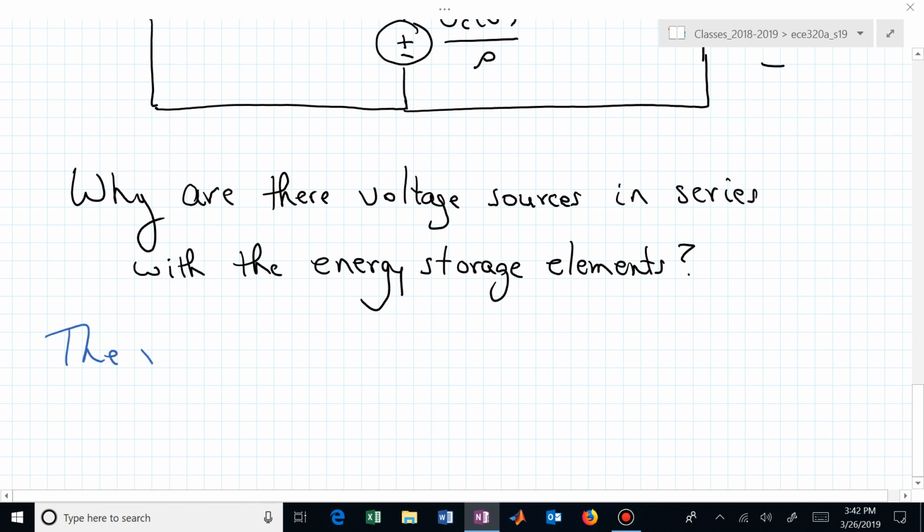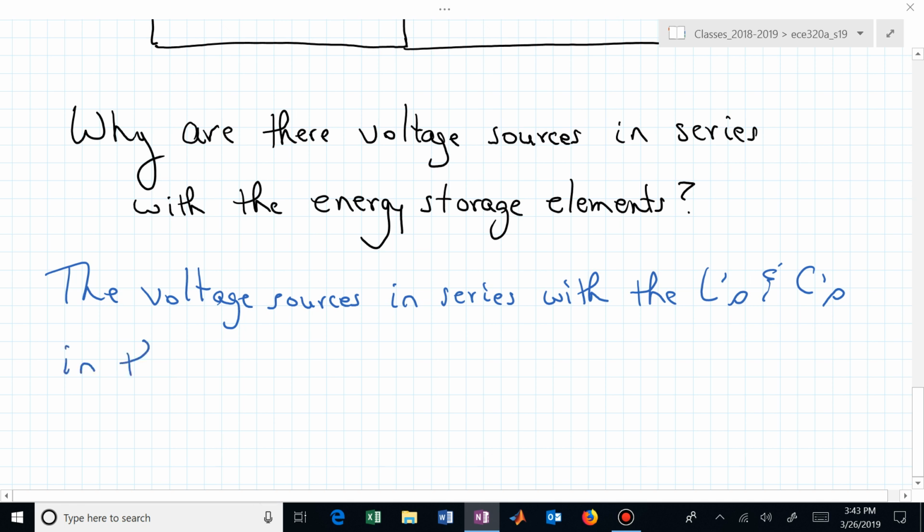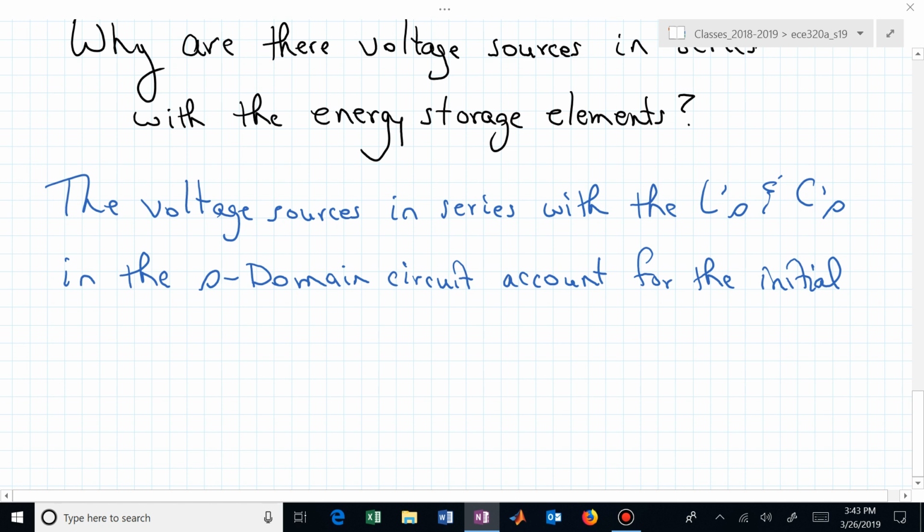The voltage sources in series with the L's and C's in this S-domain circuit account or take into account for the initial conditions on the energy storage devices.